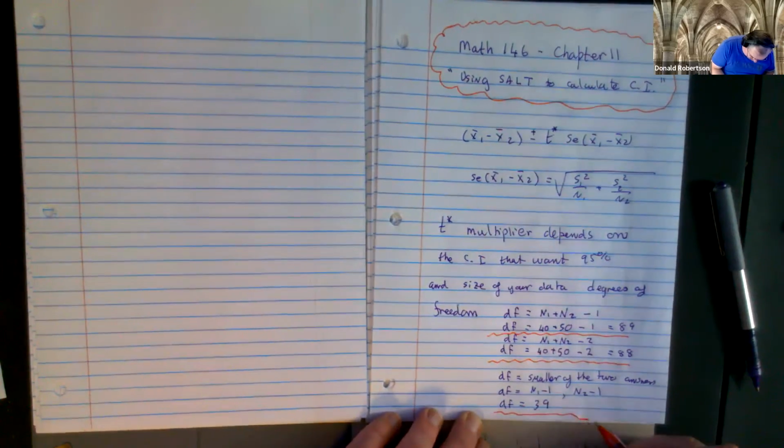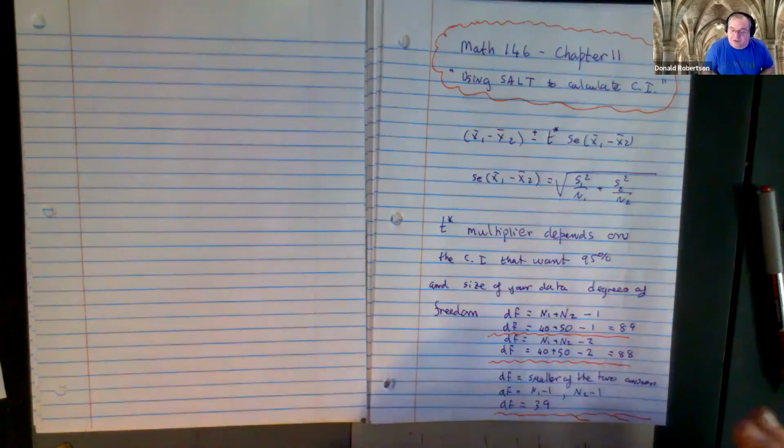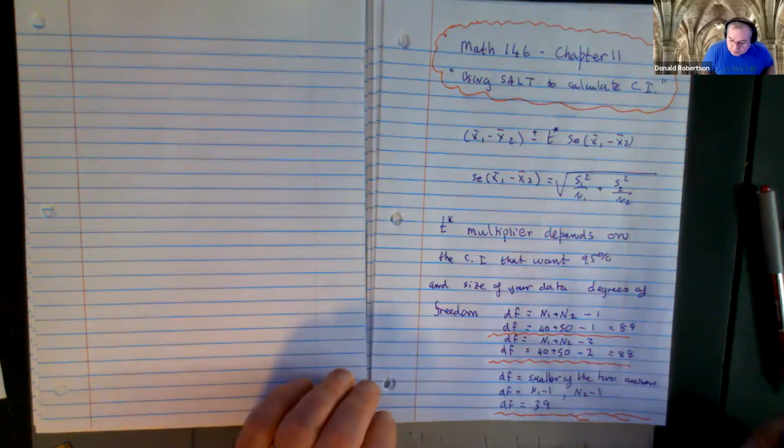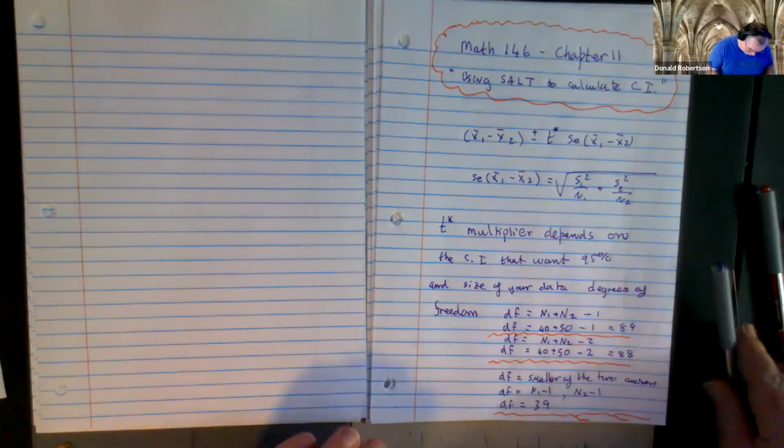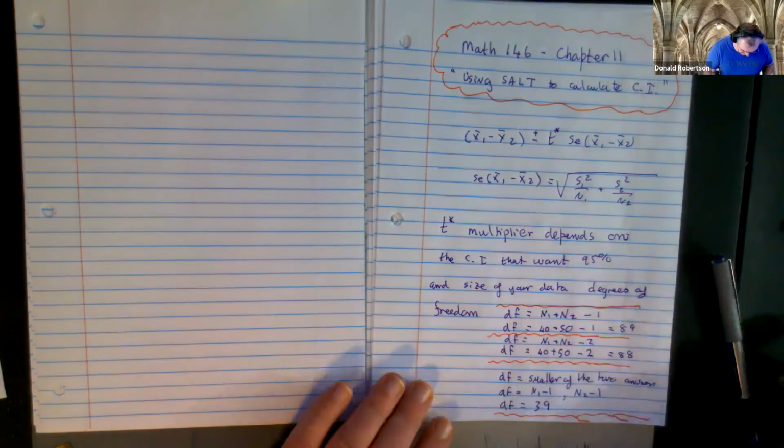And there is yet another way to calculate degrees of freedom, and that's using a horrible formula, which I've mentioned a few times before, which I am not going to show you because there's no point in us ever even thinking about that. The good news is that since we're going to use the software, we'll let the software figure out how it's going to calculate the degrees of freedom.